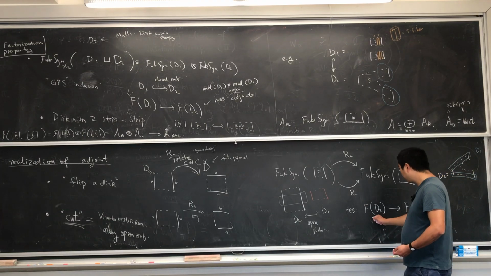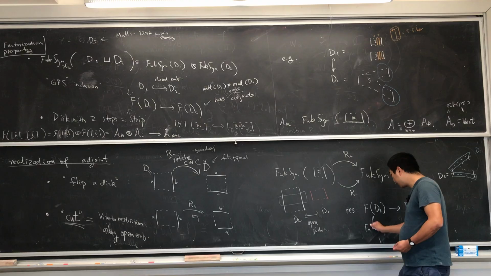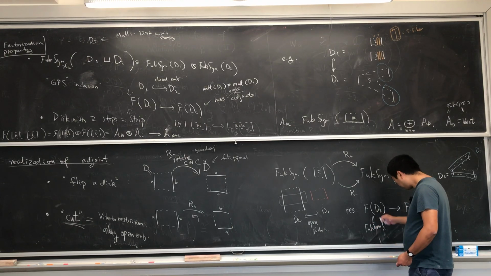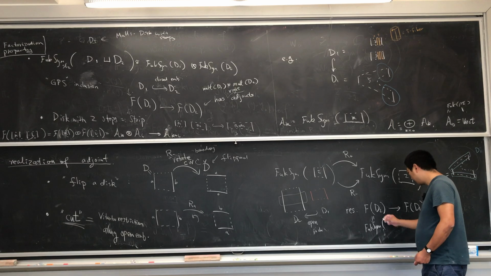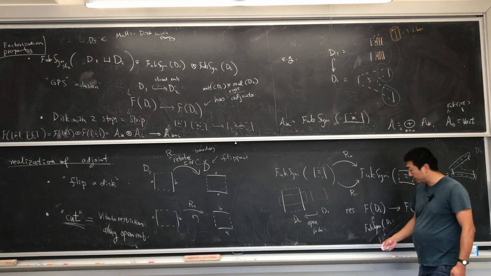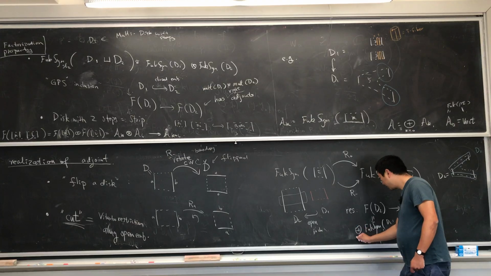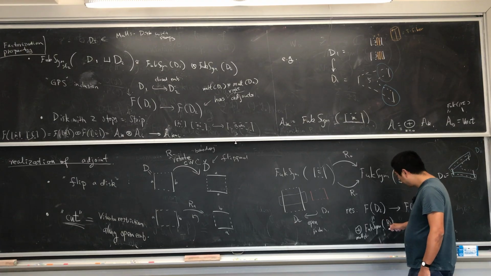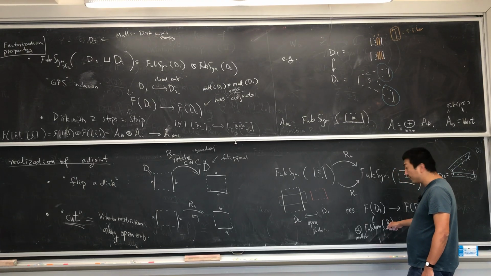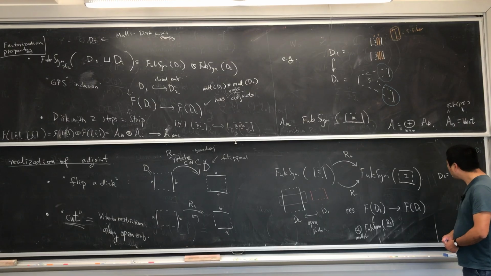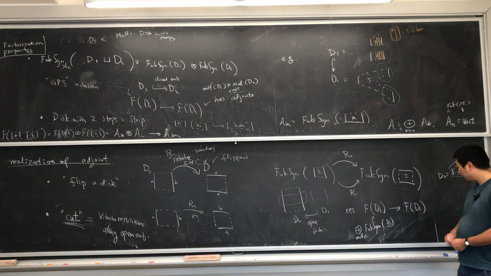So this functor, by the way, I didn't introduce this shorthand. This is the Fukaya-Seidel category of this. This is D2 with all possible multiplicity, the sum over multiplicity of this D2. Let me say the underline here means there's a geometric disk underneath it. Okay.